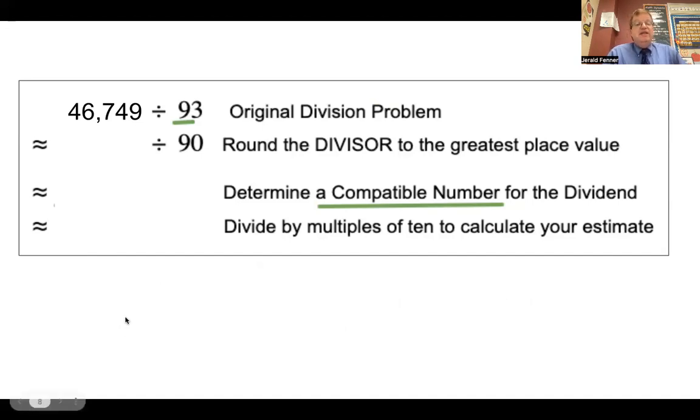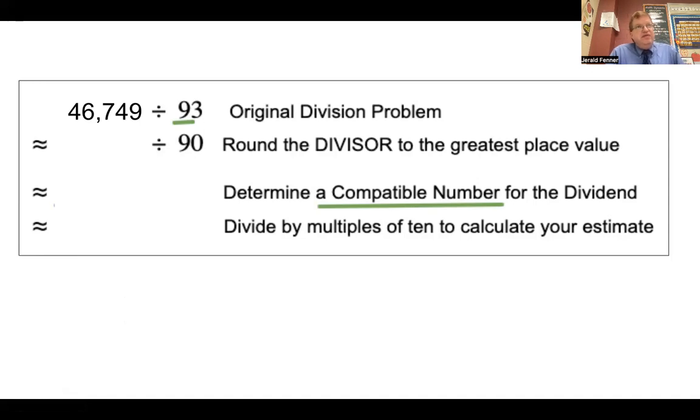If you look at the 9 and you look at 46, what number can you multiply 9 times to get close to 46? If you think of your multiples of 9, we start off with 9, 18, 27, 36.